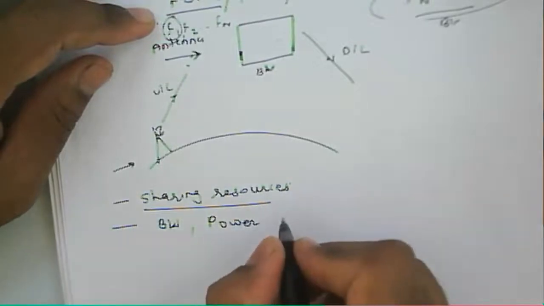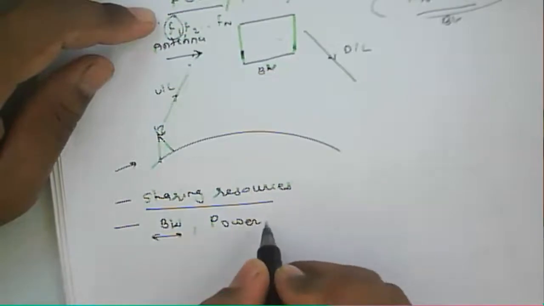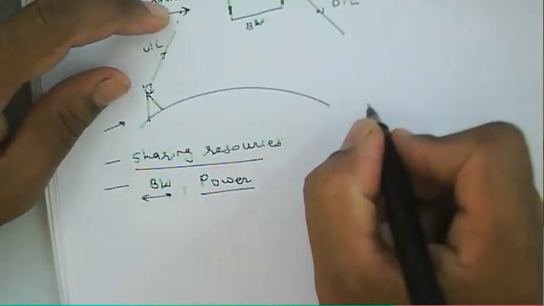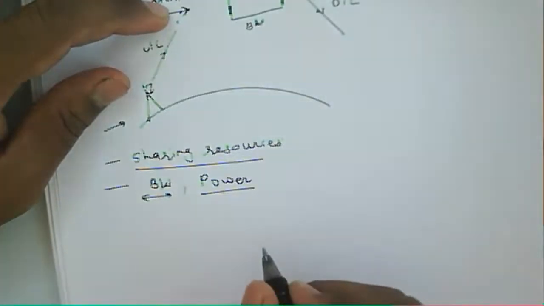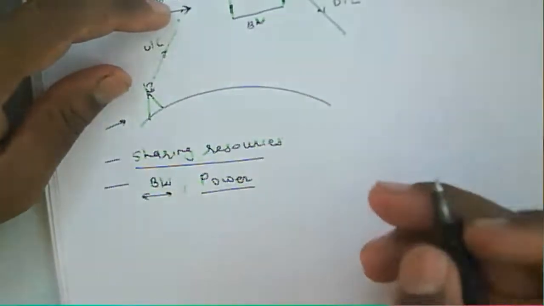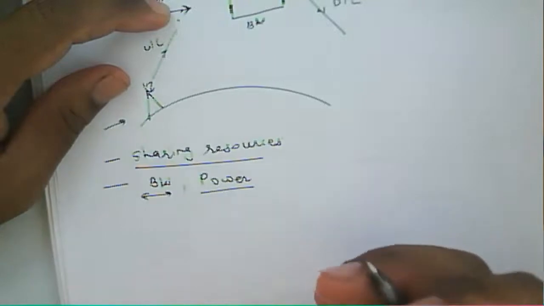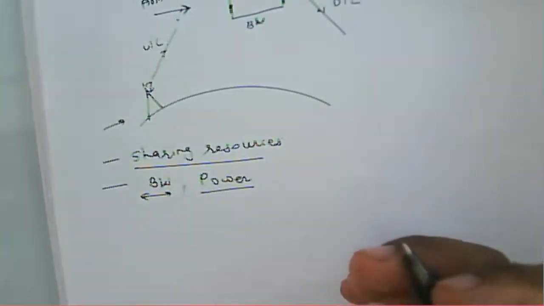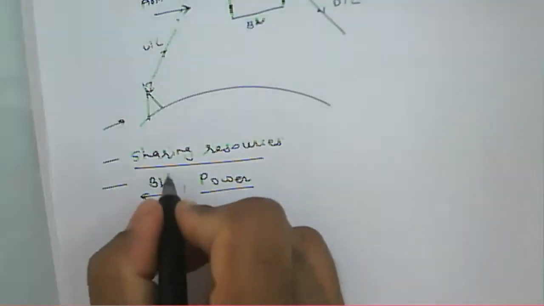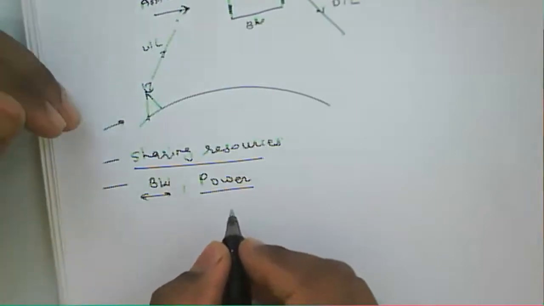We can send the signal only within a particular bandwidth, and there are limitations regarding the power, because your satellite operates at a particular power level, and if the power goes beyond that level then there may be distortion. So we are sharing the bandwidth and sharing the power.